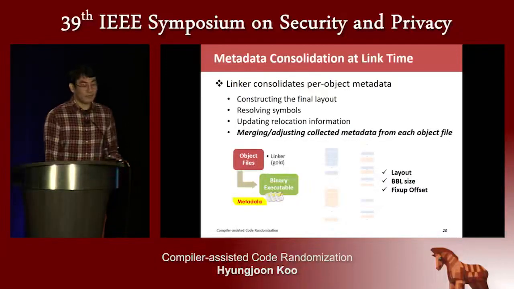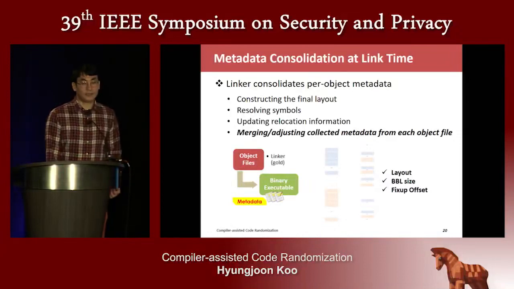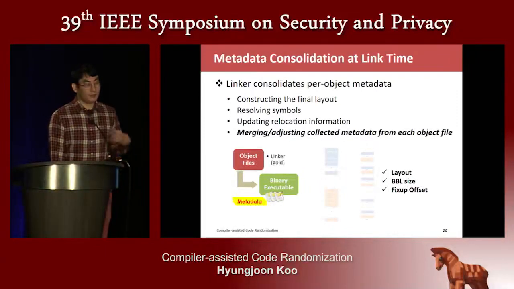So once everything is done at compilation, the linker consolidates per-object metadata. The linker plays 3 different roles, which are first constructing the final layout, reserving symbols, and updating relocation information.